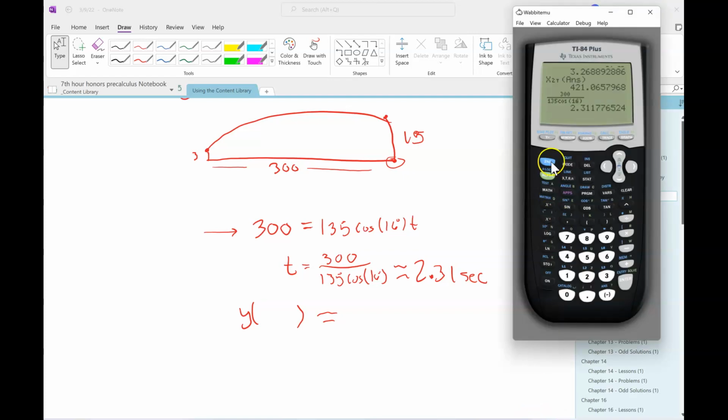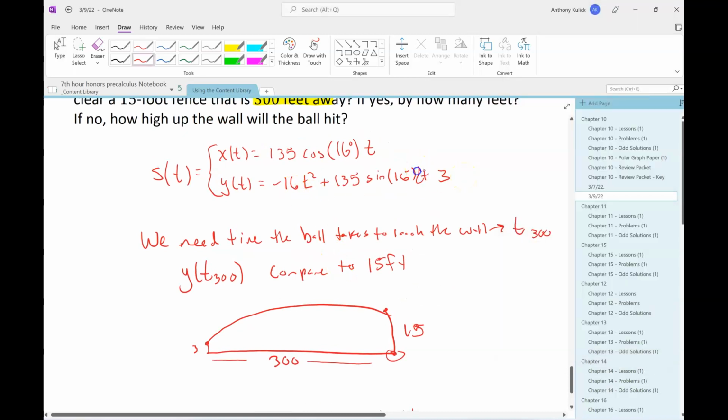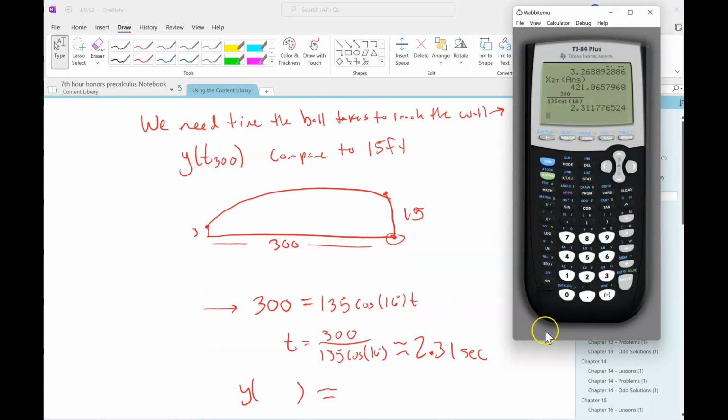So there's 2.31. Rather than writing that all out again and plugging it into this long equation, I'm just going to have the calculator plug it in for me, since I've already typed it in on my calculator in the y equals menu. I'm going to press the vars button and go over to the y vars option.